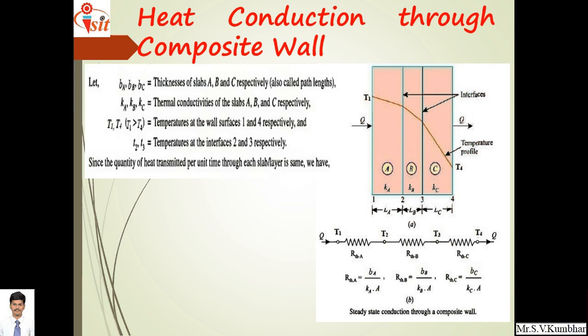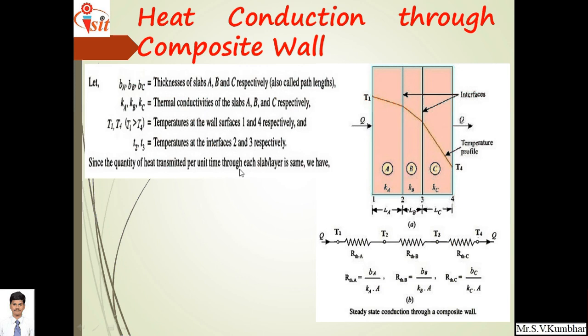Let Ka, Kb and Kc be the thermal conductivities of materials A, B, C. Let Ba, Bb, Bc be the thicknesses of slabs A, B, C. Let T2 and T3 be the intermediate temperatures. T2 is here, T3 is here.